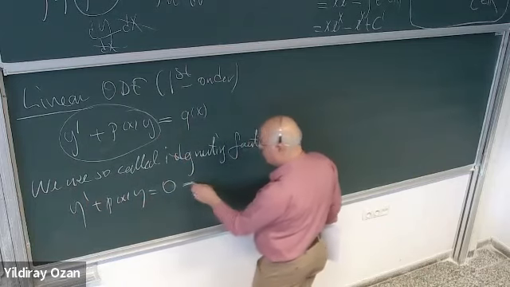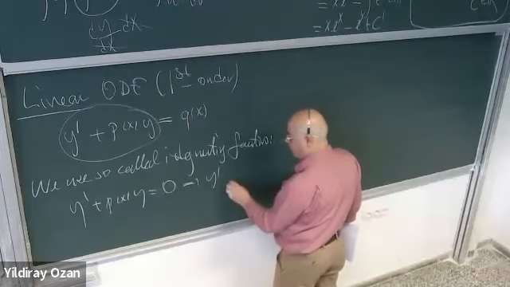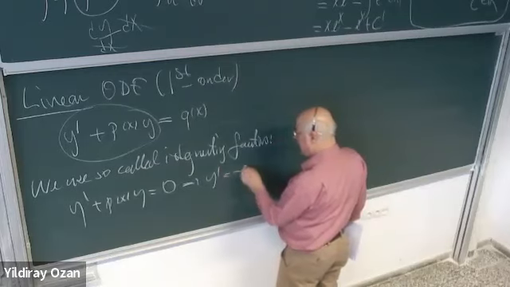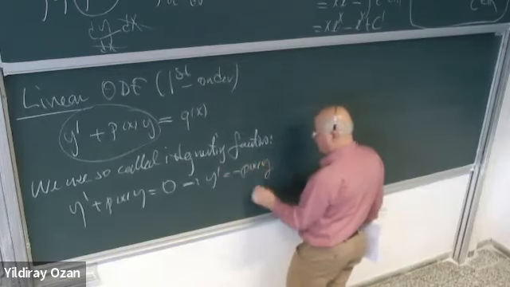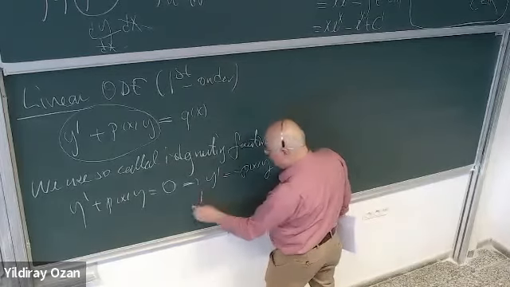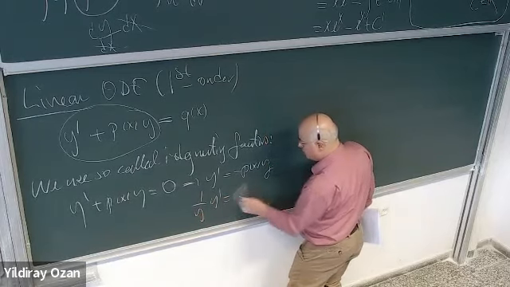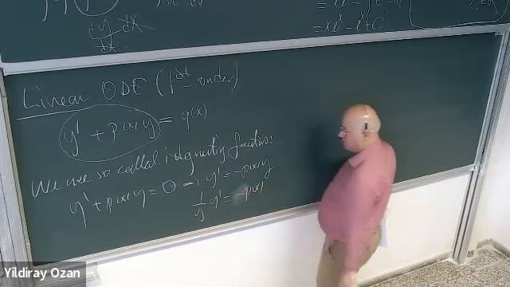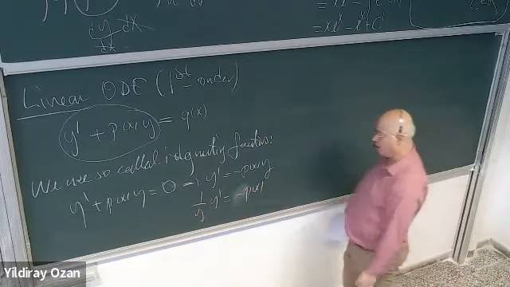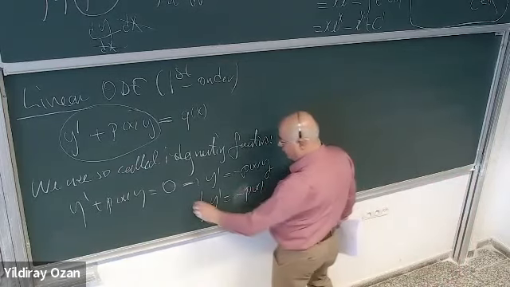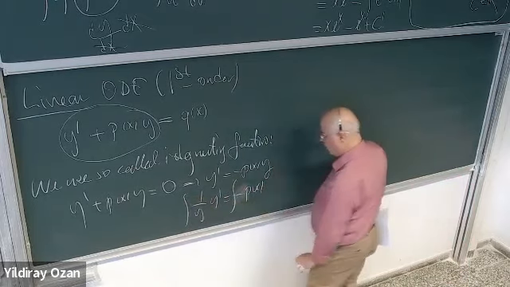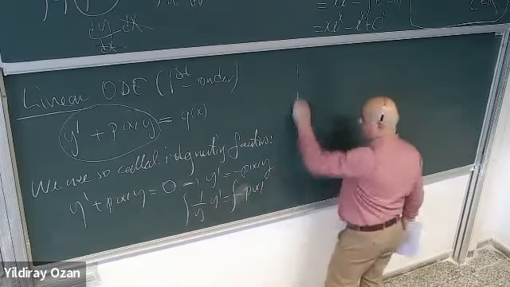Why is that? Because you see, then y prime is minus px times y, and then this is just 1 over y times y prime equals minus px, right? And I can just integrate this with respect to dx.